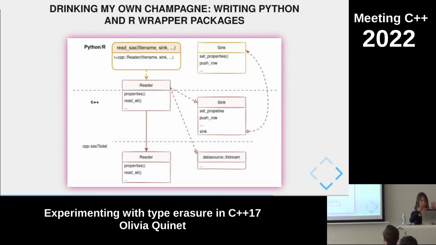So, more or less, this is the same diagram that can be used for Python and R. You have a read function where you pass a file name, a thing, and the filters. And so you have the reader. In fact, that call will create an instance of a C++ class that will reside in the Python or R namespace, because you can do that.